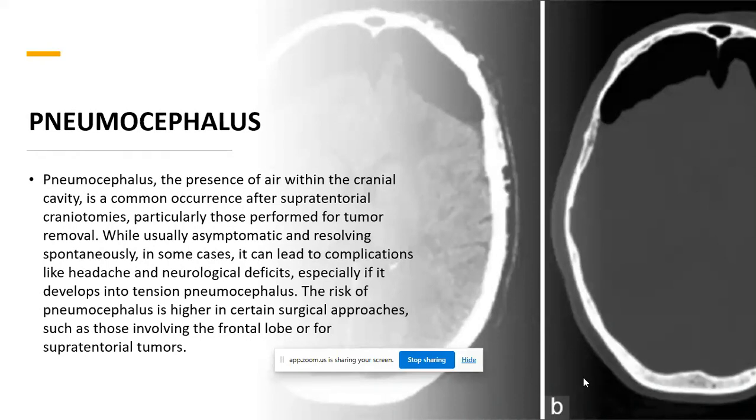While usually asymptomatic and resolving spontaneously, in some cases it can lead to complications like headache and neurological deficits, especially if it develops into tension pneumocephalus. The risk of pneumocephalus is higher in certain surgical approaches, such as those involving the frontal lobe or for supratentorial tumors.